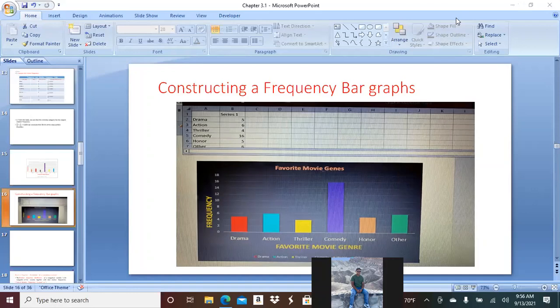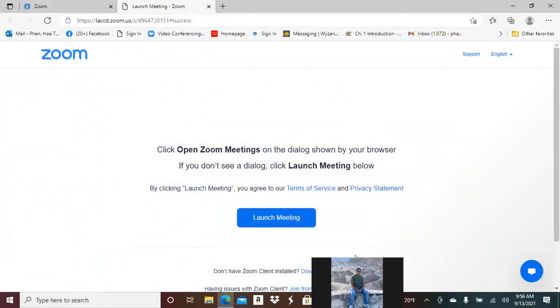Go to the Word document, and you can open this one, the Romance, action, thriller, comedy: 5, 6, 4, 16, 5, 6. Go to Word. This is the job column, right? Okay.